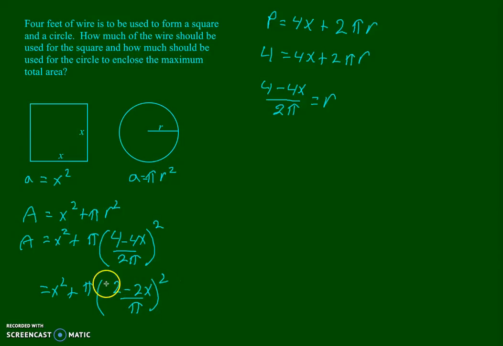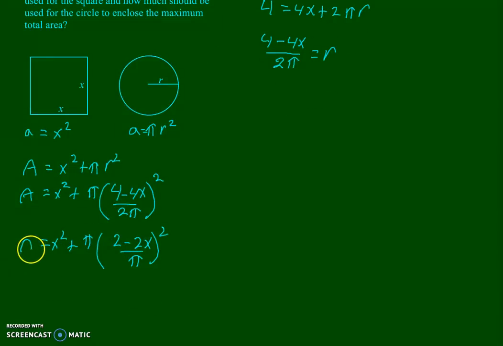Let's go ahead and factor out a 2 out of this numerator. And so we have area equals x squared plus pi times 2 times 1 minus x over pi, squared.